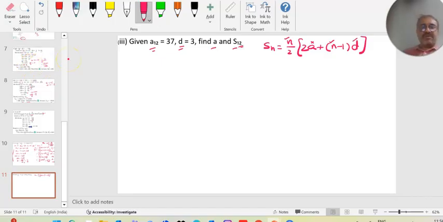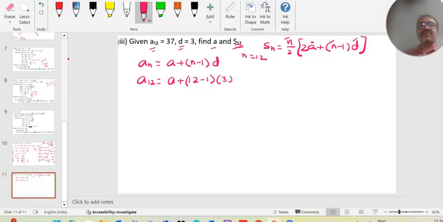Now we know that an is equal to a plus (n minus 1) into d. a12 means n is equal to 12, so 12 minus 1 into d, where d is equal to 3.